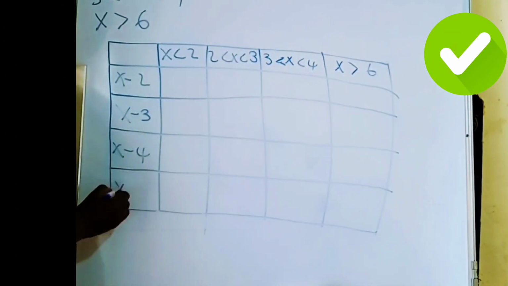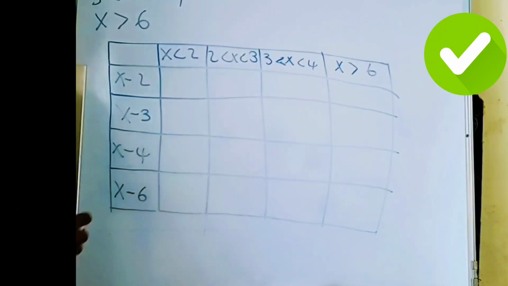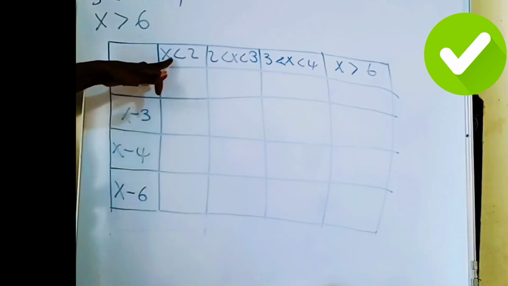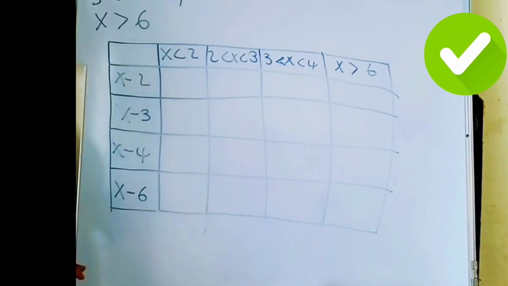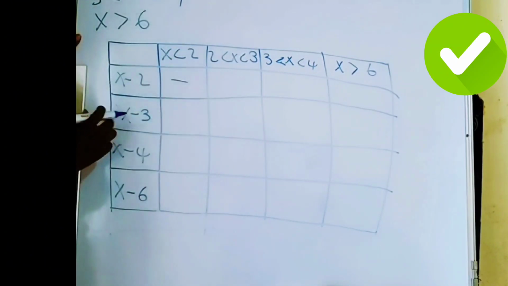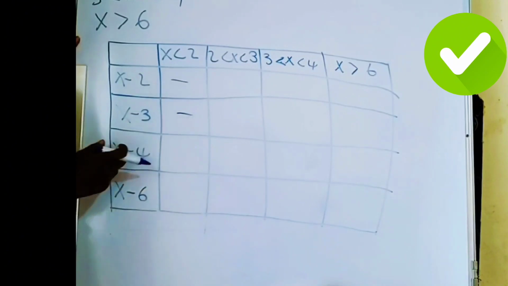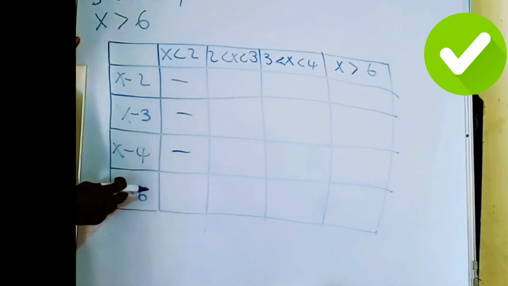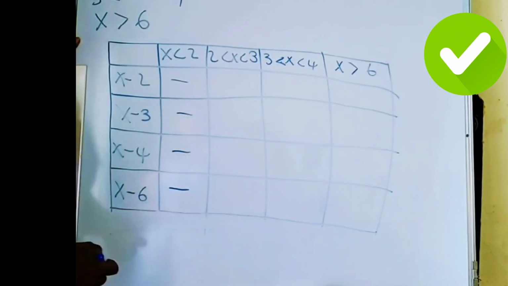And x minus 6. So, as we did in the other video, we'll go rapidly this time. We pick any value in this range, any value less than 2. For example, 1. 1 minus 2 is a negative value. 1 minus 3 a negative value. 1 minus 4 a negative value. 1 minus 6 a negative value.